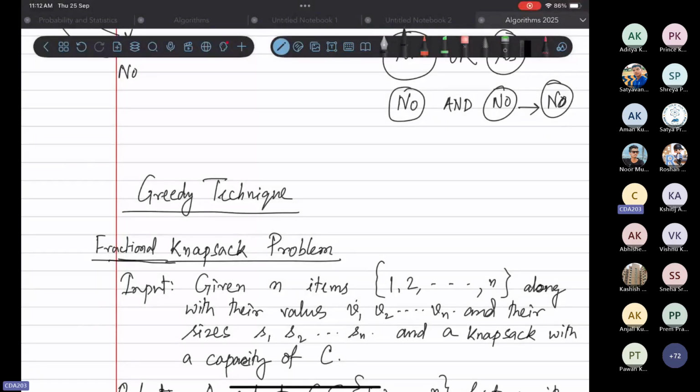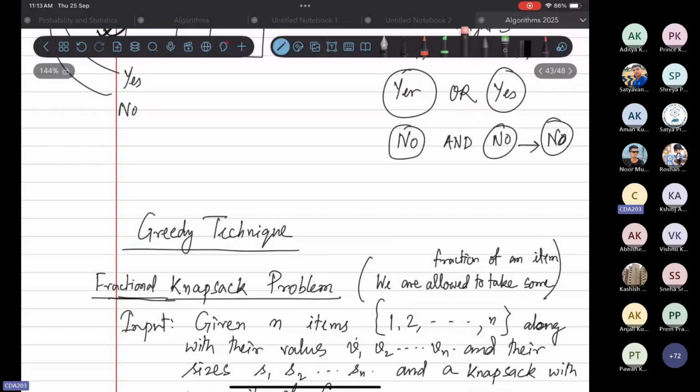But what is the difference between this fractional knapsack and the original one, 0-1 knapsack? The main difference here is that we are allowed to take some fraction of an item. Earlier it was not the case.